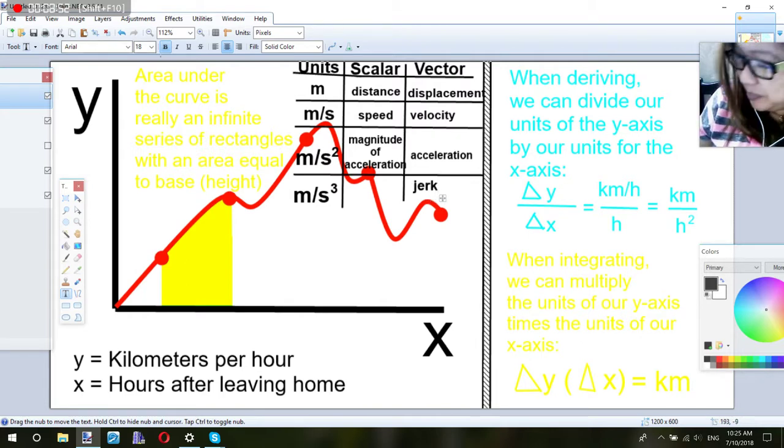Make this lowercase to match everything else. Okay, jerk is a vector, meaning it has direction. Again, in English we don't have a word for the magnitude of the jerk, so we actually have to write it out. The magnitude of the jerk is going to be my scalar quantity of the derivative of my acceleration.